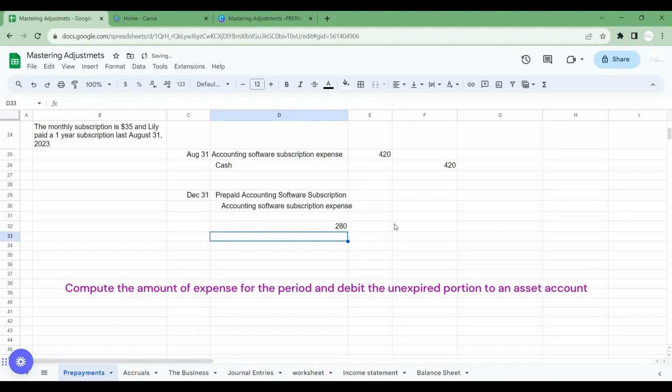So the amount of prepaid or the asset portion is 280.